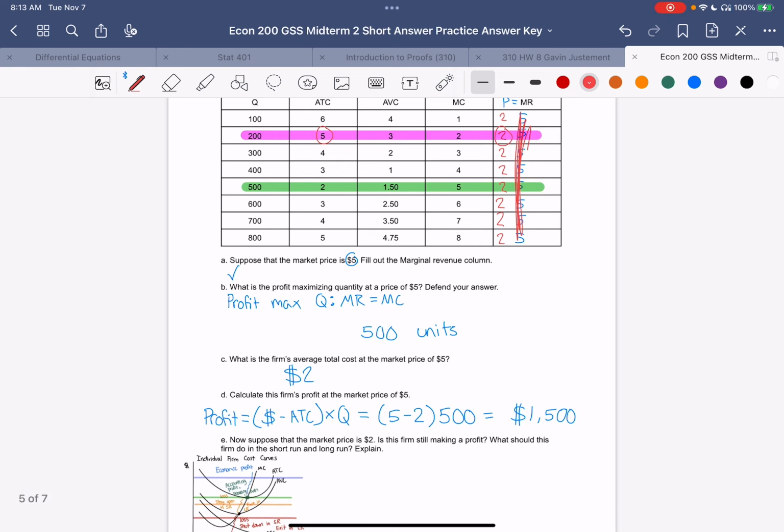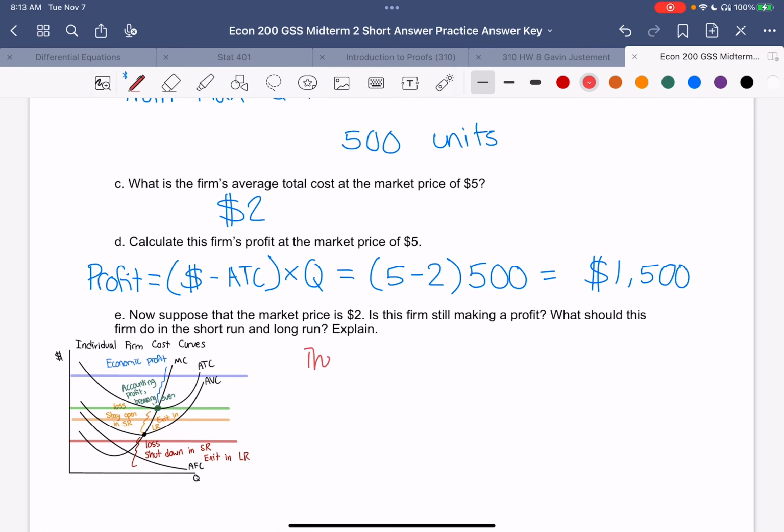So we know that the firm is making a loss at the price of $2 because marginal revenue is less than ATC.